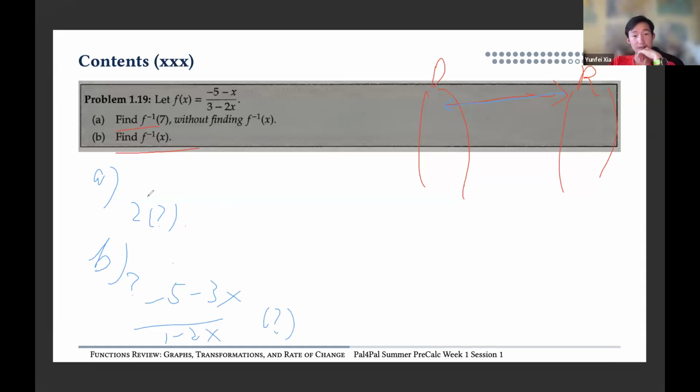Because we have quite a few people saying that 2 should be the answer for A, let's check it. So what does this really mean? It's saying that for some value, let's say k, we have this. Since it's an equation, we can apply f to both sides.